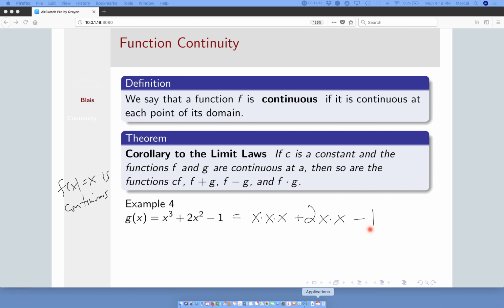And everything here, every operation, is coming from addition, subtraction, multiplication, or scalar multiplication of a function x that is continuous. So that means this is continuous using this theorem.